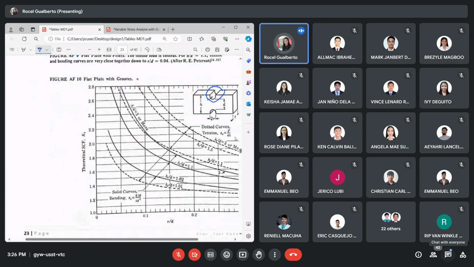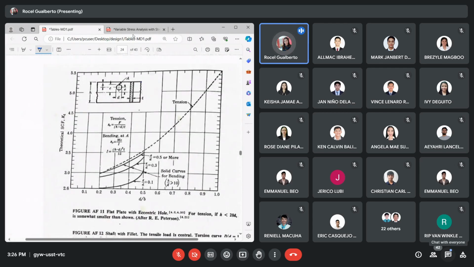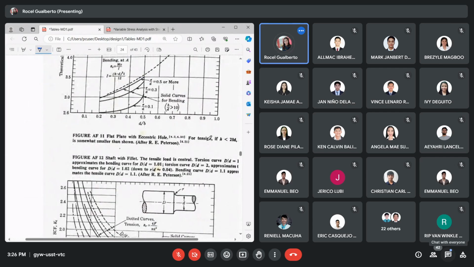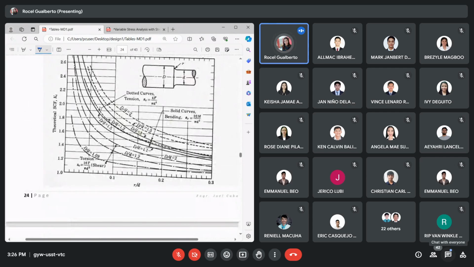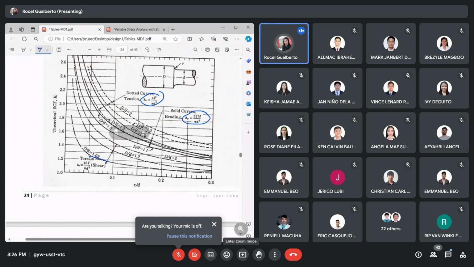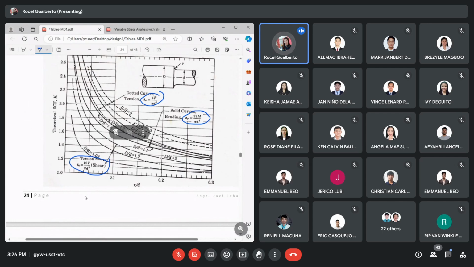Okay, ito po, tension. Ari po yung bending. Okay? Ari pong iba, yung mga shaft, meron na po siyang torsion. Kita niyo po dito. Yan. Okay, katulad po nito. Ari po yung tension. Ari po yung bending sa shaft. Ari po yung torsion.